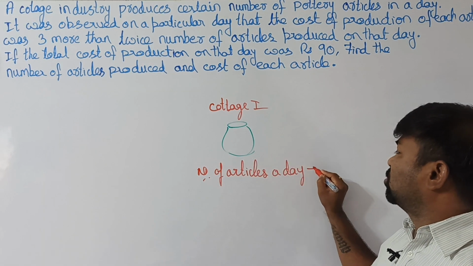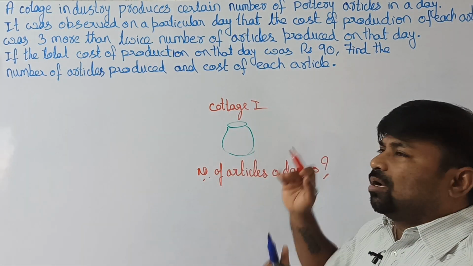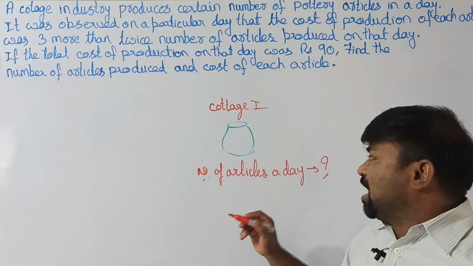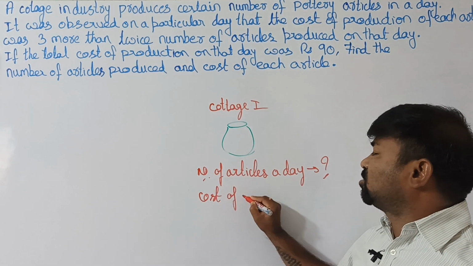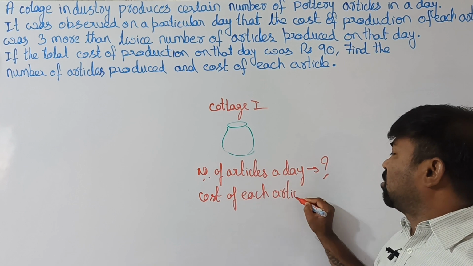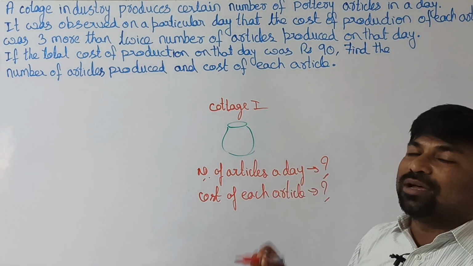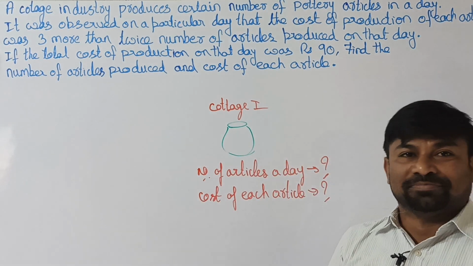That's the first question: how many such articles per day? Fine. Next, the cost of each article. What's the cost of each article? These two are the things we are supposed to find.